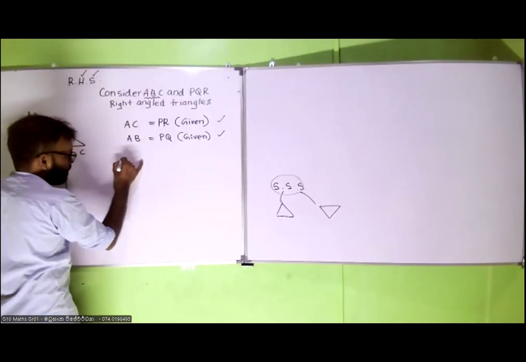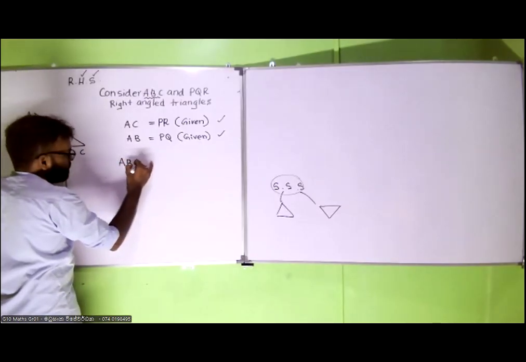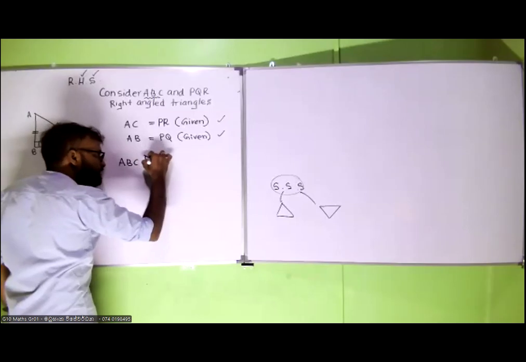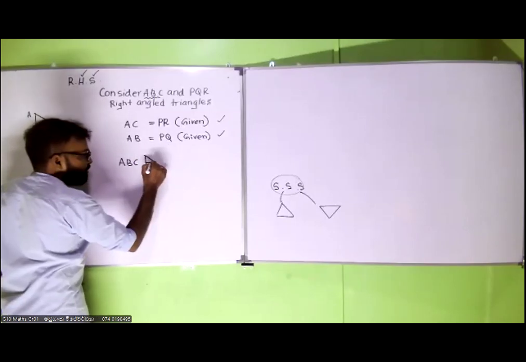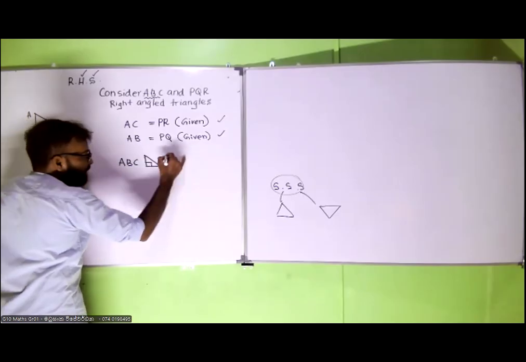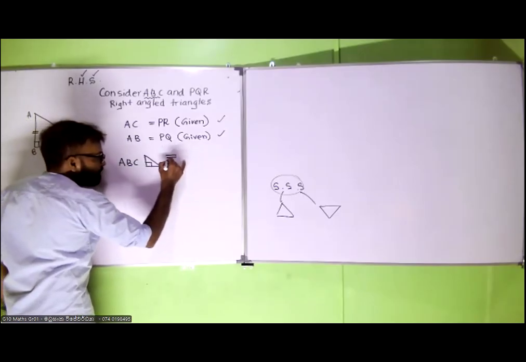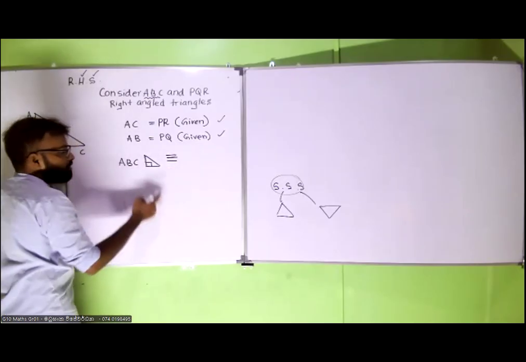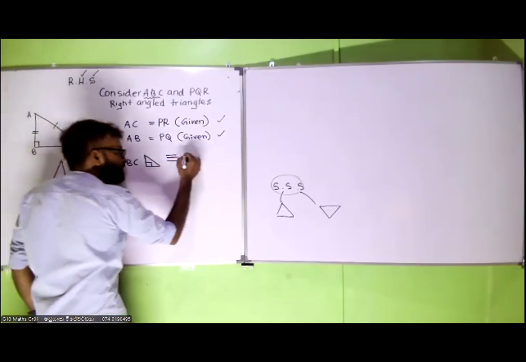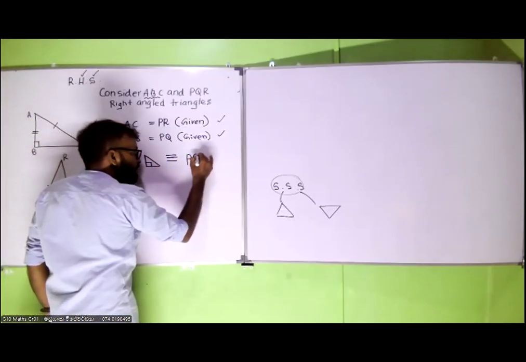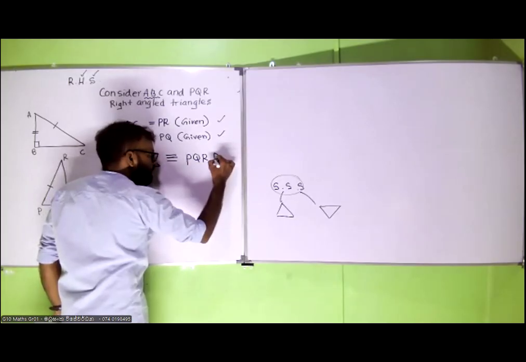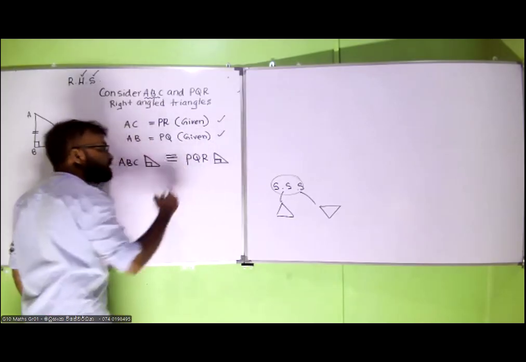A right angle triangle congruence can be represented by using this symbol. ABC right angle triangle is congruent with PQR right angle triangle.